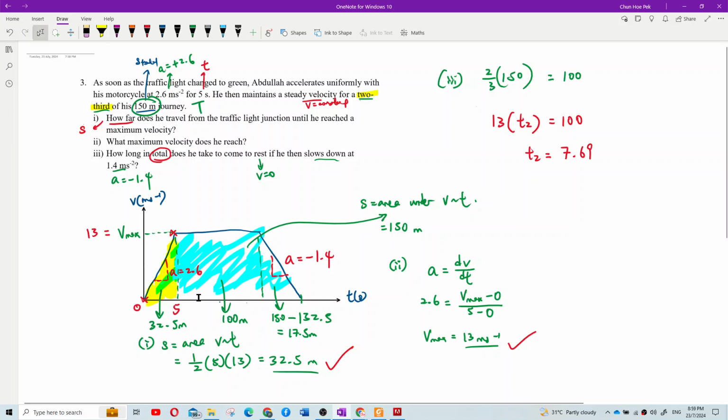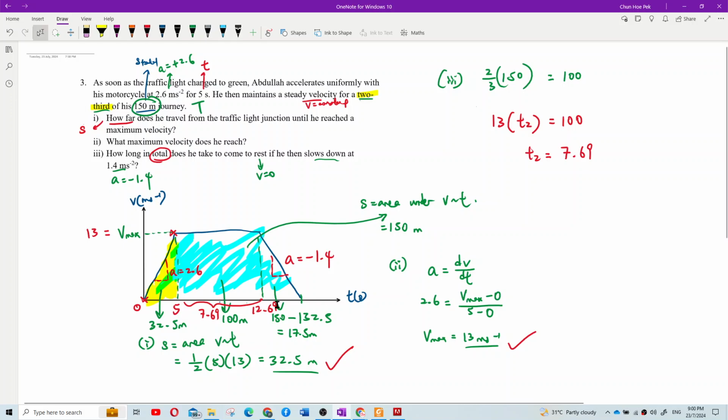That means here to here is 7.69. Add 5, so this is 12.69.